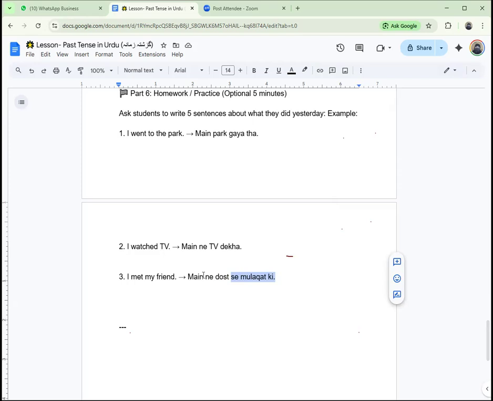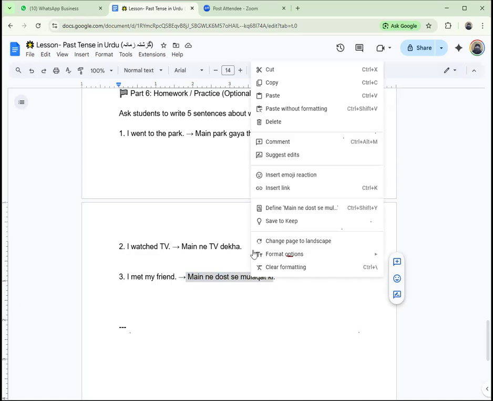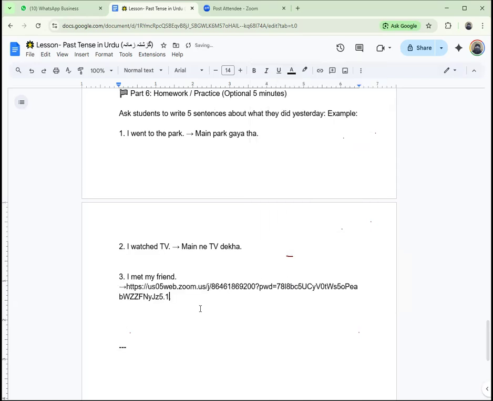We change only here: हम ने दोस्त से मुलाकात की, मैंने दोस्त से मुलाकात की, उसने दोस्त से मुलाकात की, because this change is connected with the object, and the object here is dost. In the above example, उसने किताब पढ़ी is also depending on the kitab object.